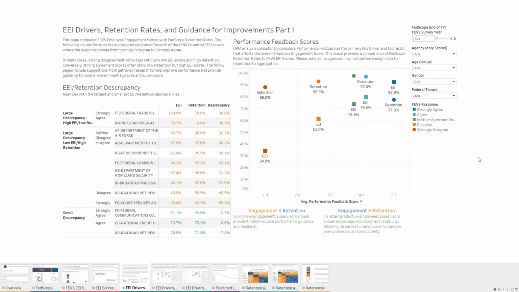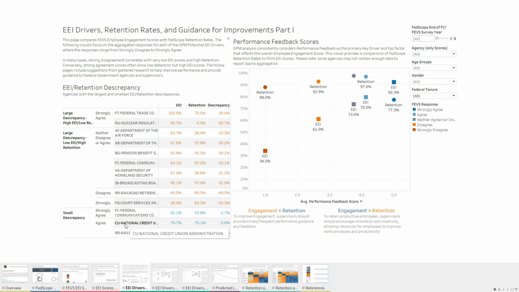So being able to combine the two data sets with actual survey results and actual retention rates, that's what we're doing here. So first, we start with a comparison of the engagement scores and the retention rates and the discrepancy between the two. So this shows us the agencies with the largest discrepancy down to the smallest discrepancies.